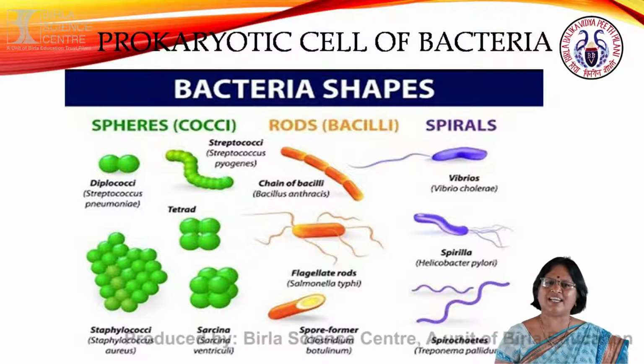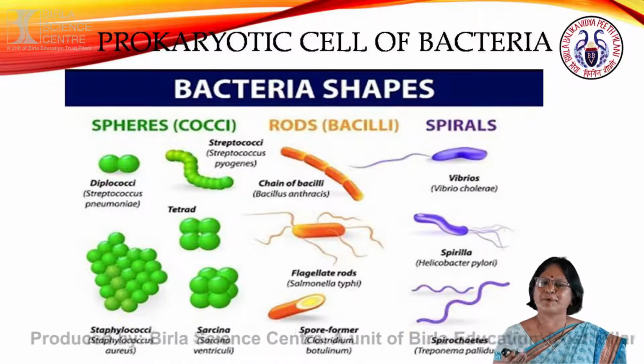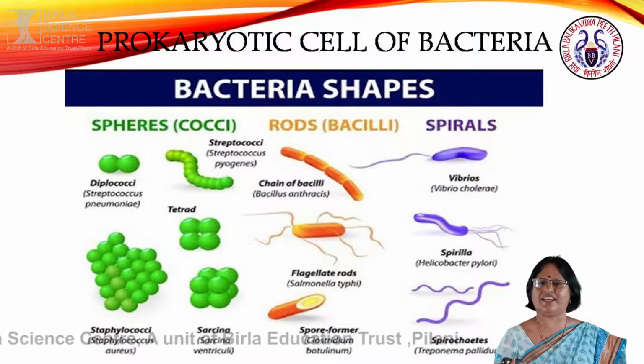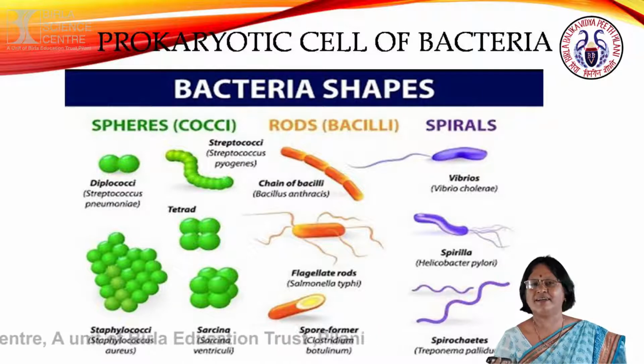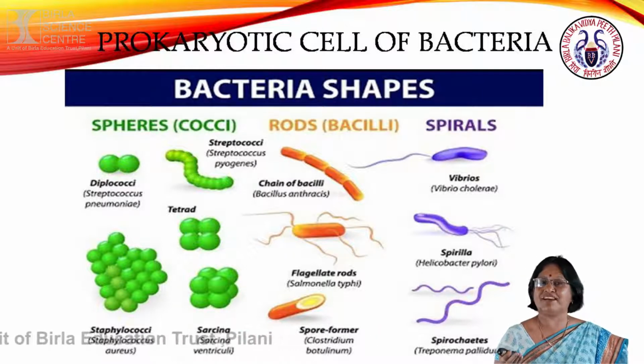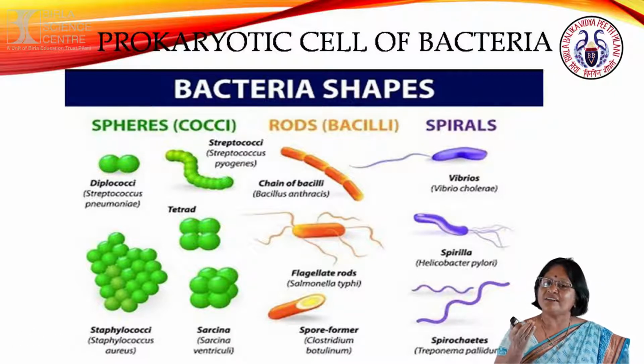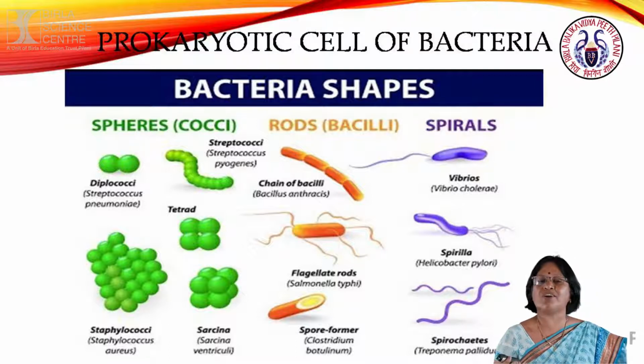The last one is a spirochete. Spirochete are again spiral bacteria. The example for it is Treponema pallidum, which is very, very important for you to know, because this is a bacteria which causes a type of reproductive tract infection to us.